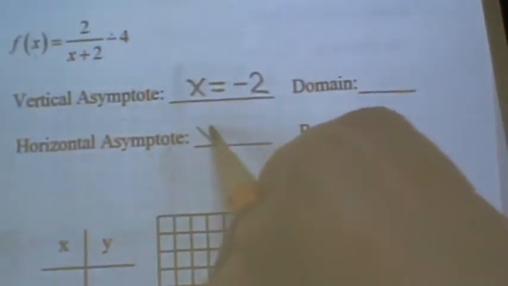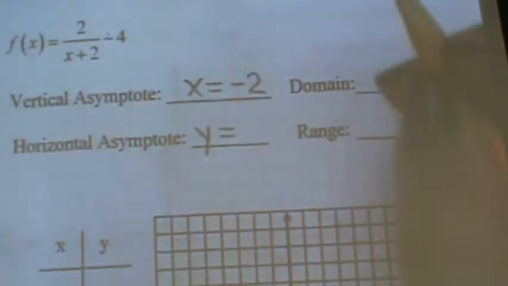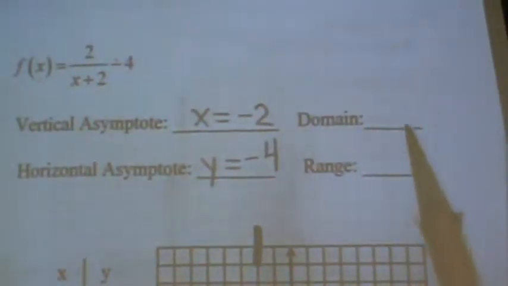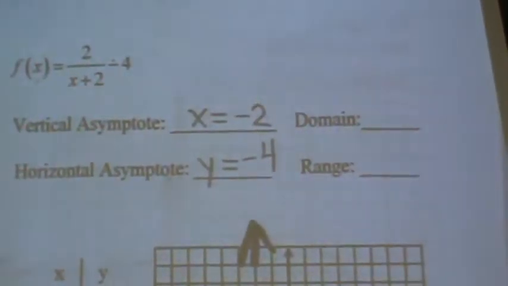What's your vertical asymptote? X equals -2, y equals -4. So x equals -2, y equals -4.